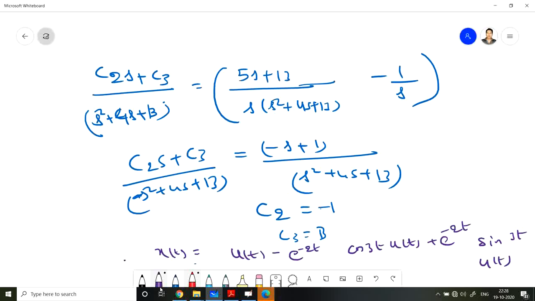So this is our relation, and if we take u(t) common, then that is similar to the previous part. Whatever we got in the previous part, it is the same.